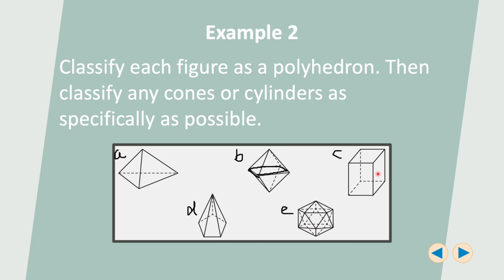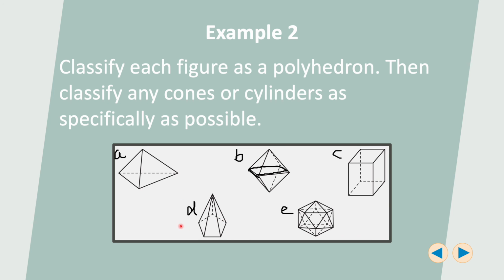And there's another name that we can call this too, right? I said that it had bases, and then that makes it a prism. And since it is a prism and the base is a quadrilateral of some sort, we can call it a quadrilateral prism. So hexahedron and quadrilateral prism.